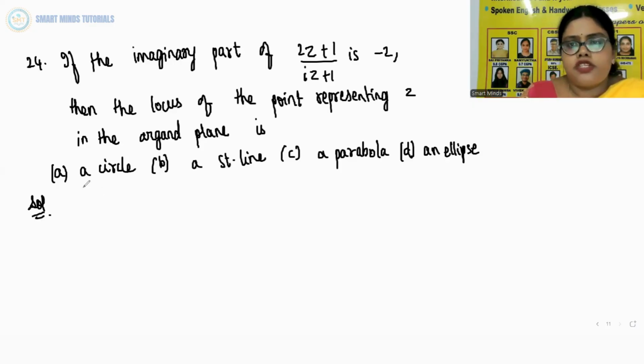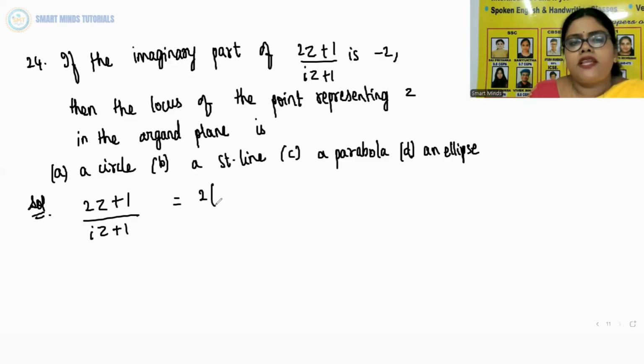So take this question. If the imaginary part of (2z plus 1) by (iz plus 1) is minus 2, then we need to find the locus of the point representing z in the Argand plane. So first let us find out (2z plus 1) by (iz plus 1).